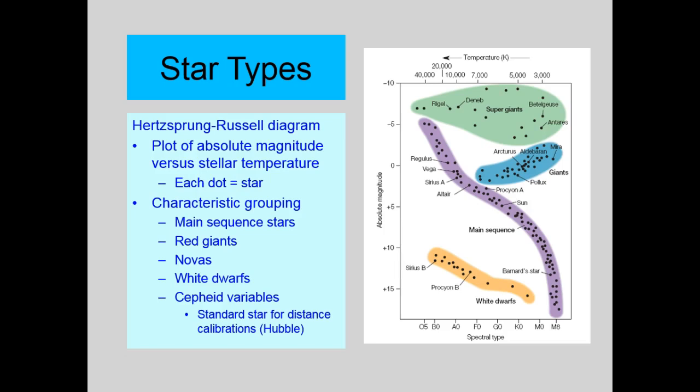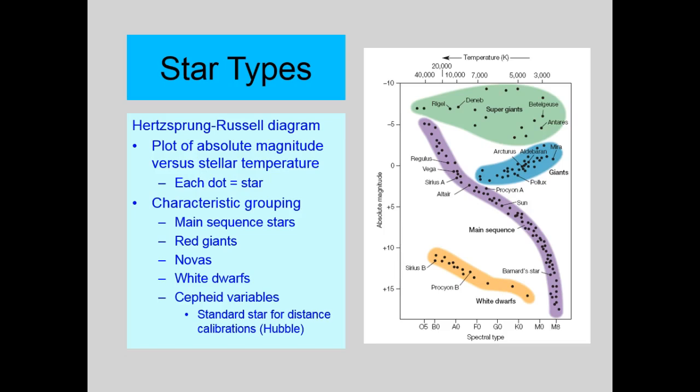The stars that fall in this sort of eel-looking band in the middle, those are called the main sequence stars. Those are just stars in their normal life. Okay? Now, after they were protostars, then they're just good old regular stars.